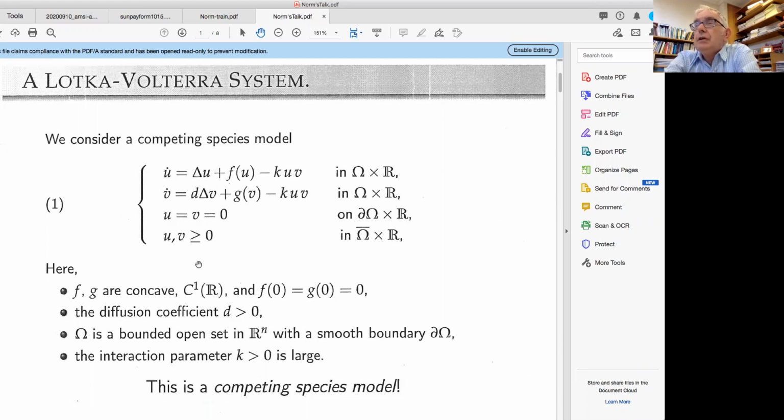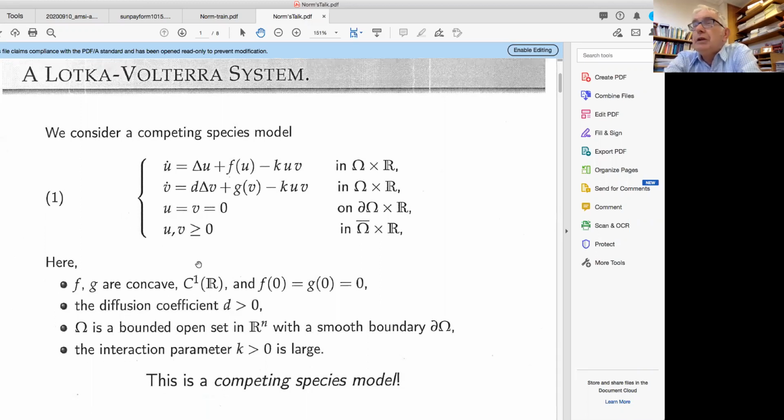I'll always assume some technical conditions: the functions f and g are C1, they're concave, and f of 0 equals g of 0 equals 0. The diffusion coefficient d in the second equation is positive, and we'll see that d equals 1 and d not equal to 1 does make a difference.